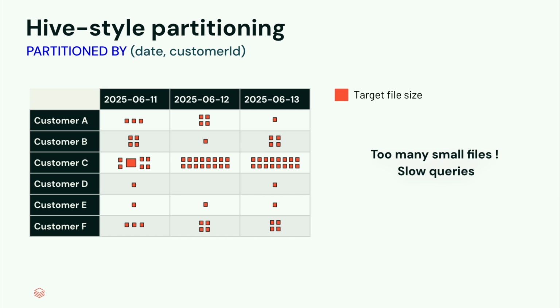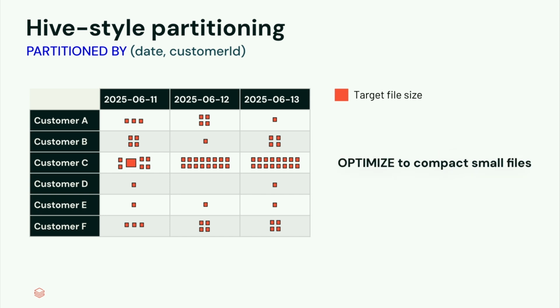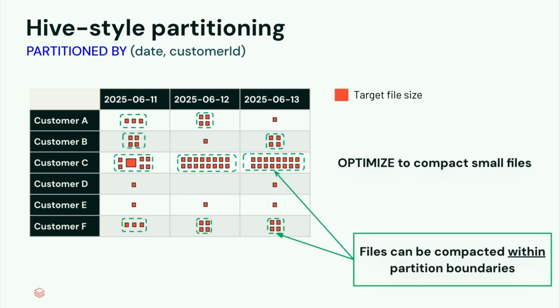Another thing you'll observe as you start using this table is the queries are going to be slower. This is because we have too many small files in the table. So what do you do? You say run optimize to compact these files. While that's the right thing to do, you do end up with a problem where optimize is only able to compact within a partition boundary.